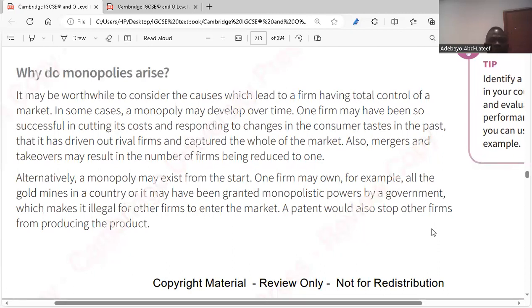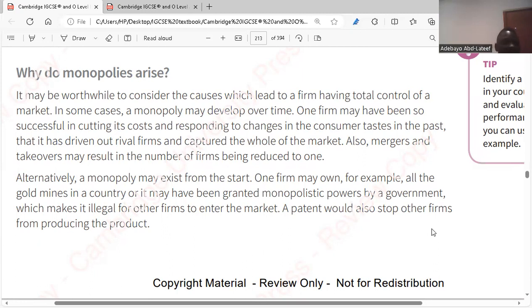So within a short period of time, or even a long period of time, those firms cannot compete anymore. They lose their competitiveness and leave the market. So now it becomes the only firm producing. That's one of the instances of having a monopoly.